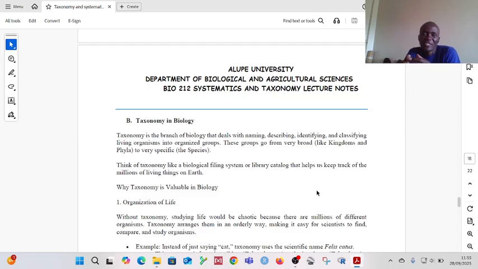After you've classified, you bring order, you organize those organisms into various groups. Okay? These groups can be from very broad ones, like kingdoms or even phyla, to very specific bits, like the species level.